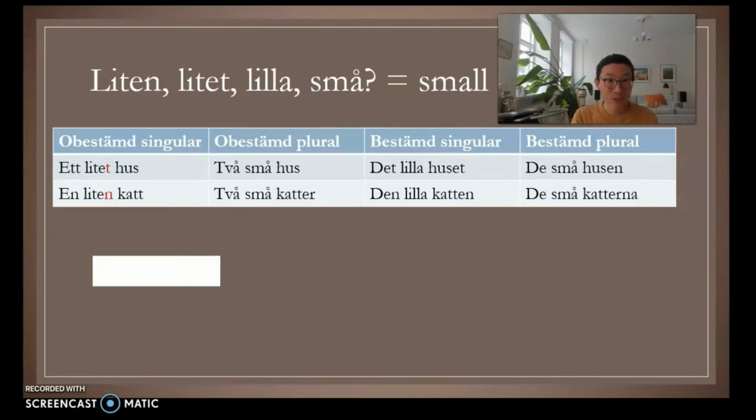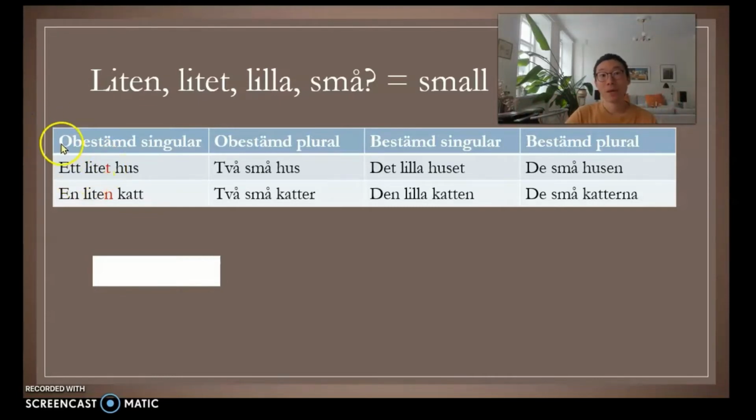Whilst in Swedish, liten and små are actually two forms of a single word, which is liten. So små is actually an irregular conjugation of liten in Swedish. So they are not separate words. They are actually the same word in Swedish.